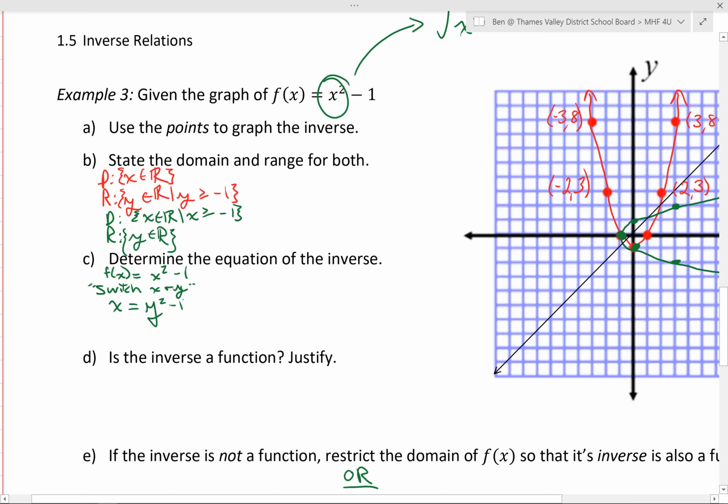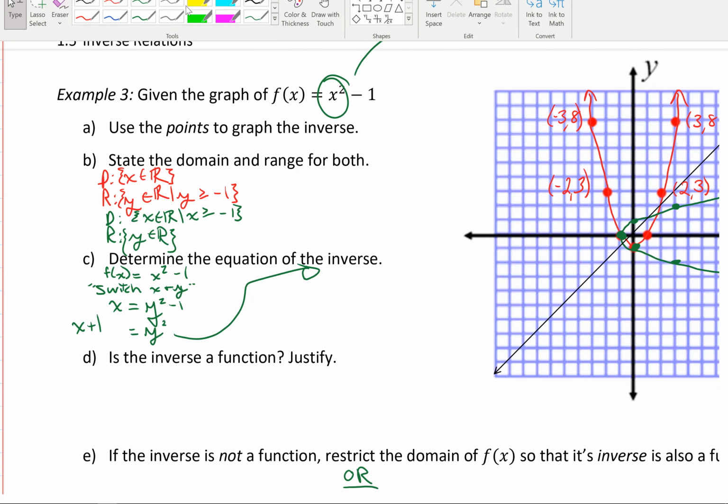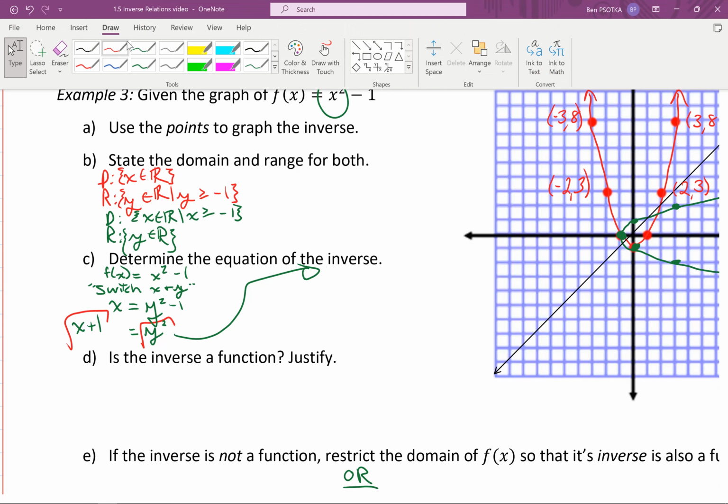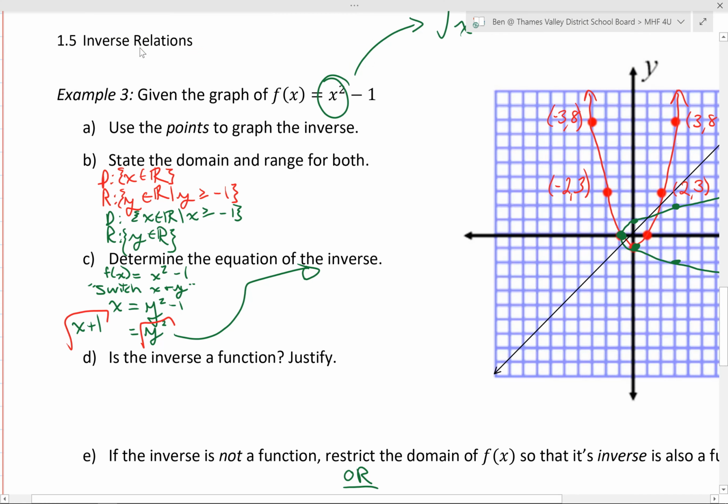Well, now I need to isolate for y, so that means x plus 1 equals y squared. In order to further our progress here, we must square root both sides. If we are square rooting both sides, that means we must take plus or minus the square root in order to consider all of the solutions.